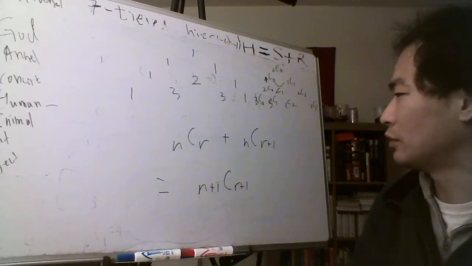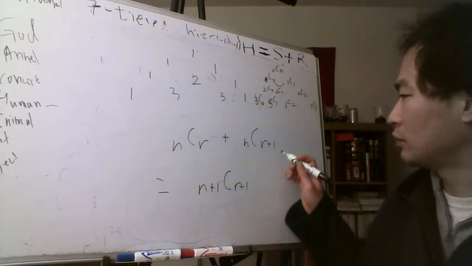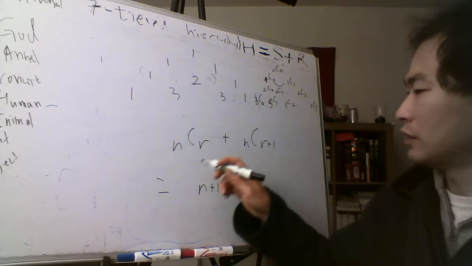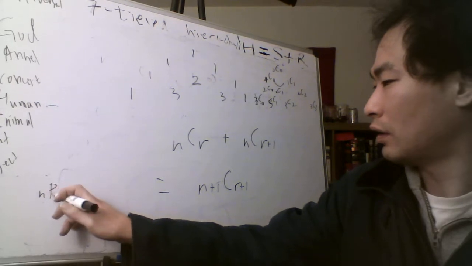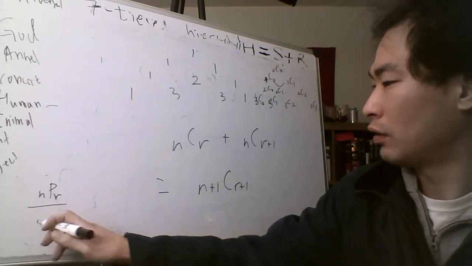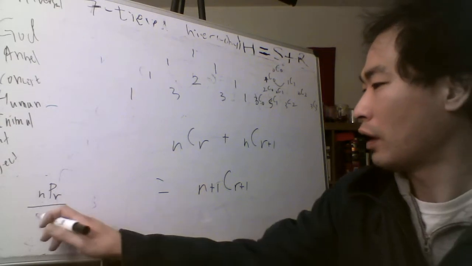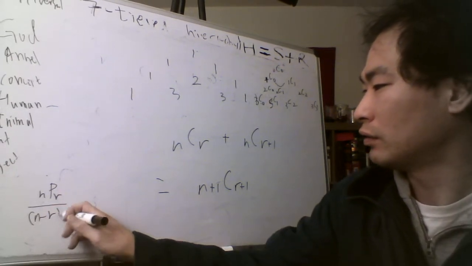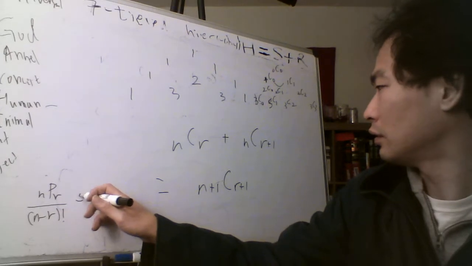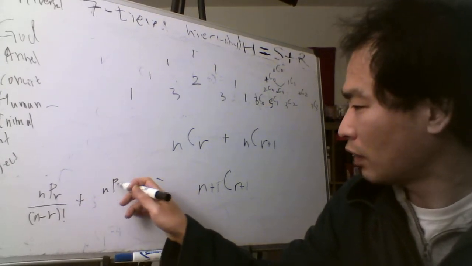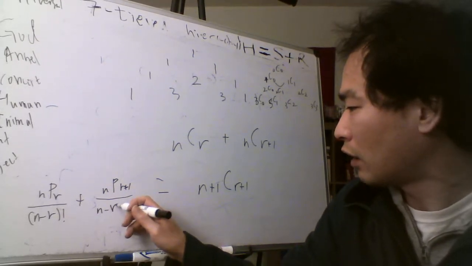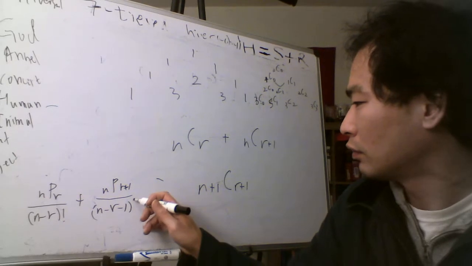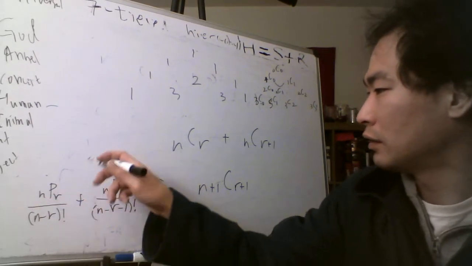Probably it's very easy to prove in terms of factorials. Why? Let's see. What is nCr? It's n!/((n minus r)! r!) plus n!/((r plus 1)!(n minus r minus 1)!). So that's the left hand side.